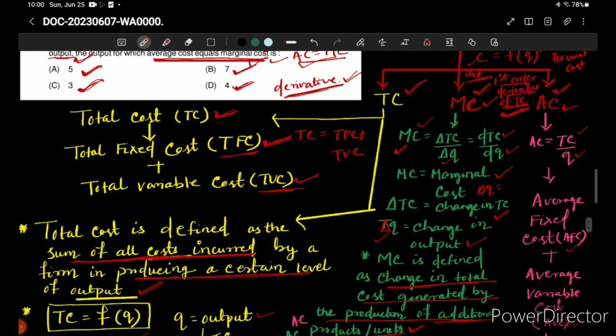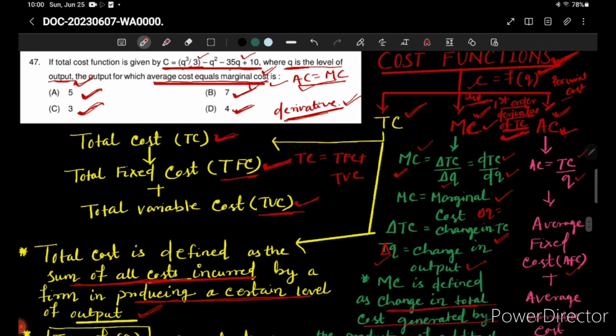And then we come to the average cost function. You can write it here that average cost is also known as the per unit cost.